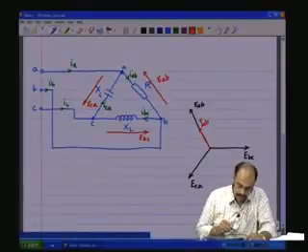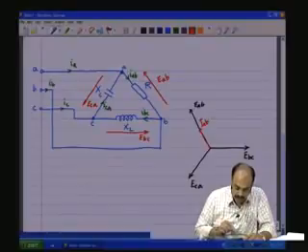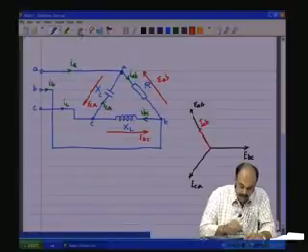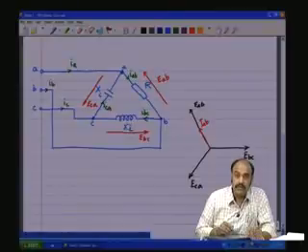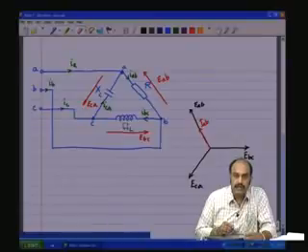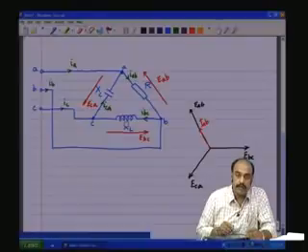Now, if you take the voltage BC here, and the load in the BC arm is an inductor, which gives you an inductive reactance XL. So, what should be the nature of the current in terms of phase angle? We should see that the current IBC should lag the voltage across the inductor by 90 degrees, because it is a pure inductor.